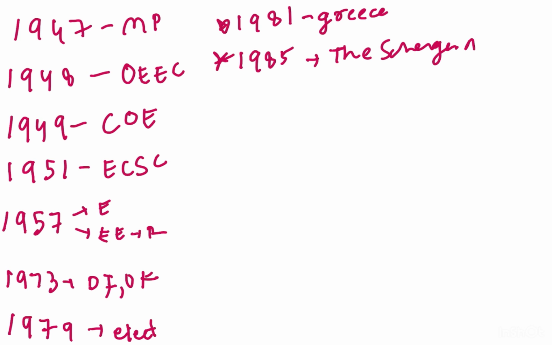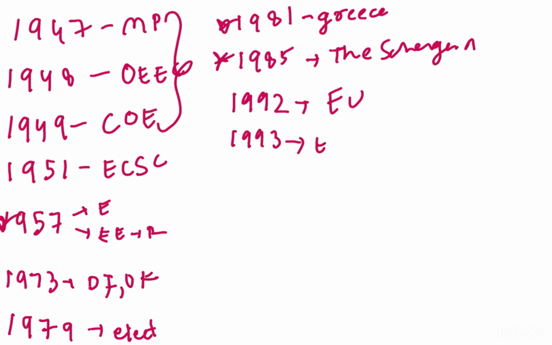This is important, this is also important, these three are also important. Then in the year 1992, by signing the Treaty of Maastricht, the EU is established. In the year 1993, the European Economic Community is renamed as EC, the European Community. Because here it's not just economic, but we are dealing with multiple aspects, right?